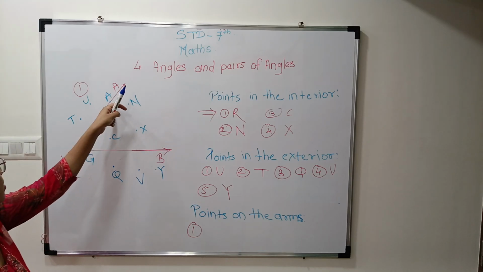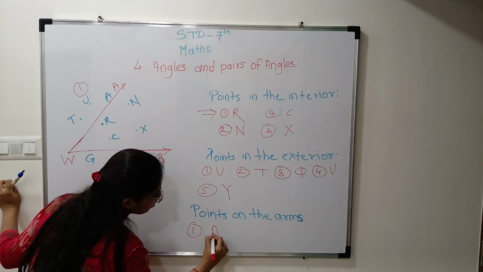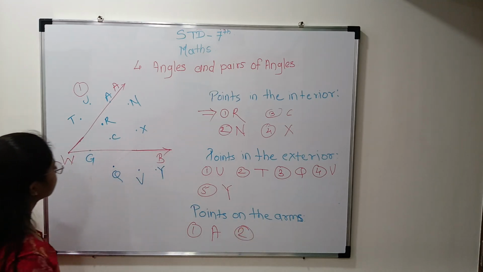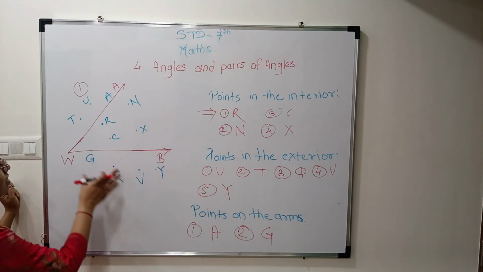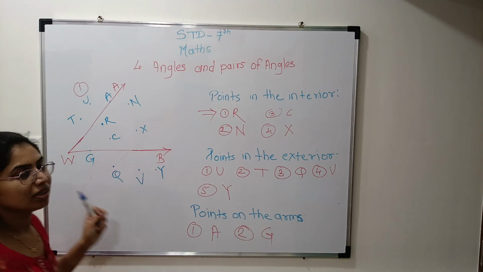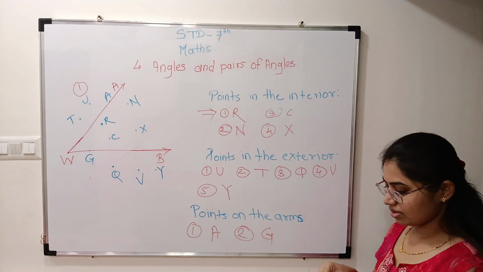First point A. A is present on which arm? AW. And second, G. G is present on arm WB. Understood everyone this question? Any doubt regarding this?